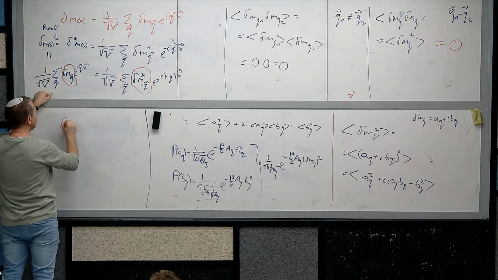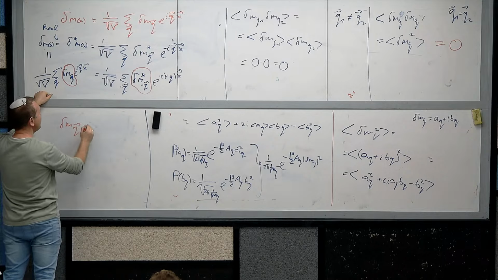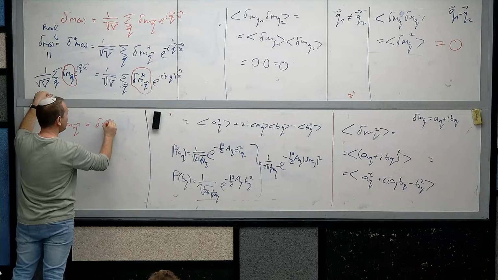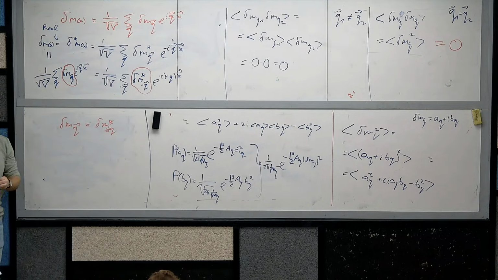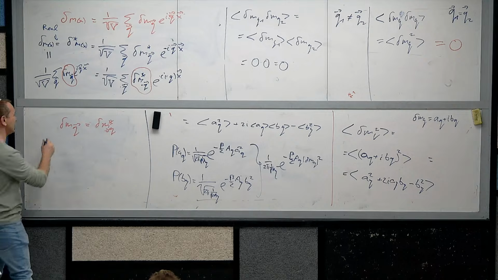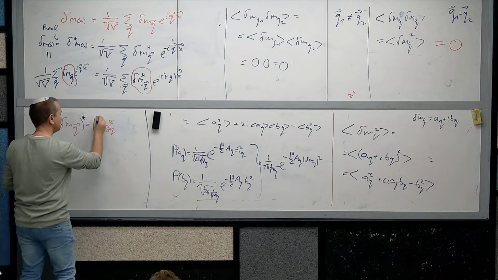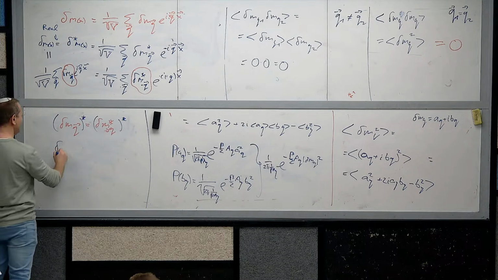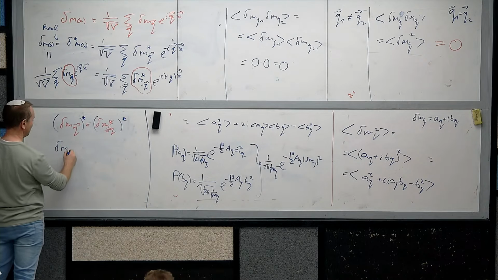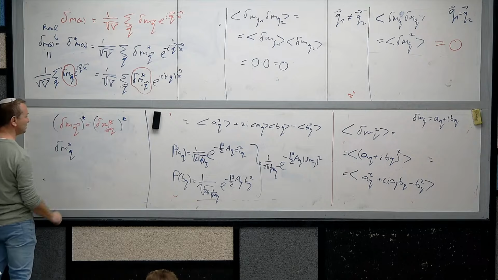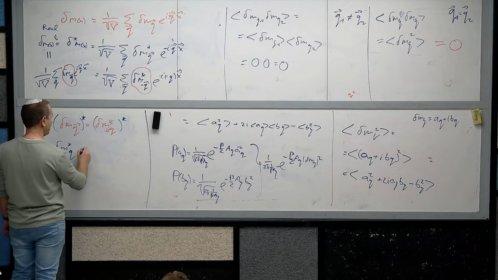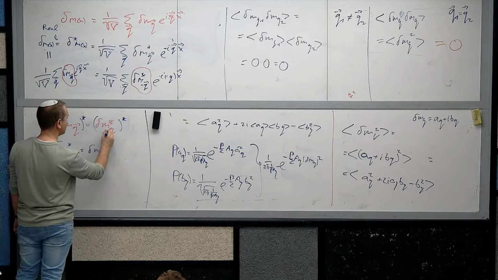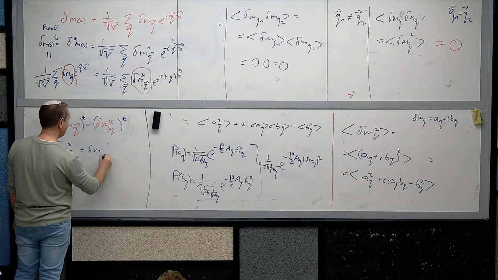So uniqueness tells us that delta m q equals delta m minus q complex conjugate. Let's take a complex conjugate of both sides, and we obtain that delta m q complex conjugate equals delta m minus q.